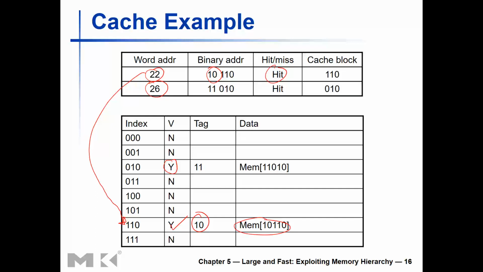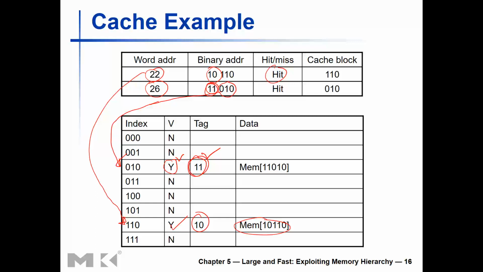Similarly, 26. This is the index, so I go to this set right here. Okay, and the tag 11 is the same as the tag. So I have data, number one, tag matches, number two, then this is a hit.